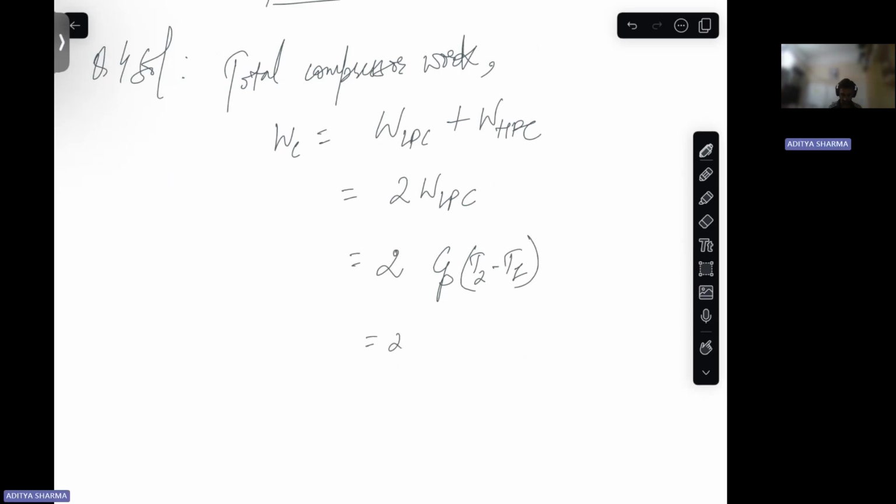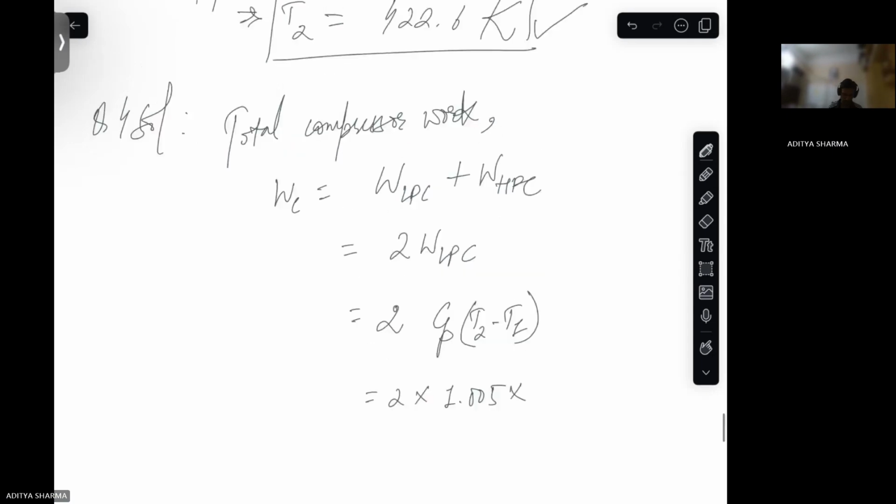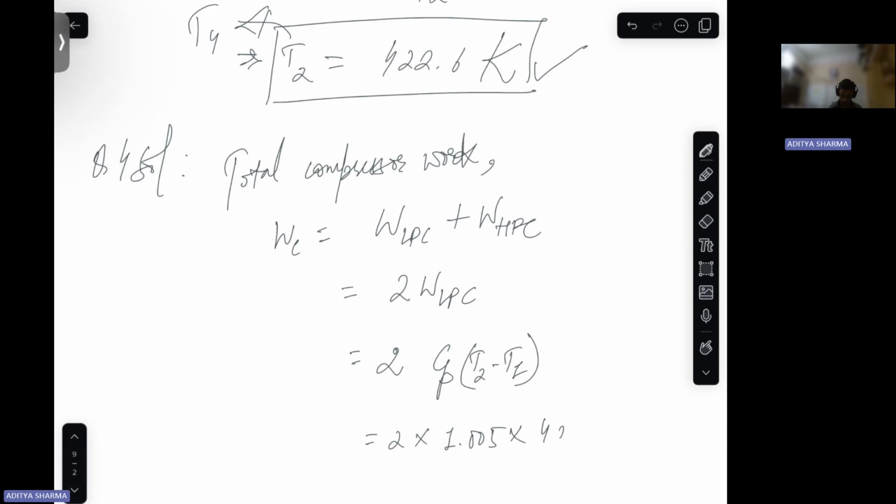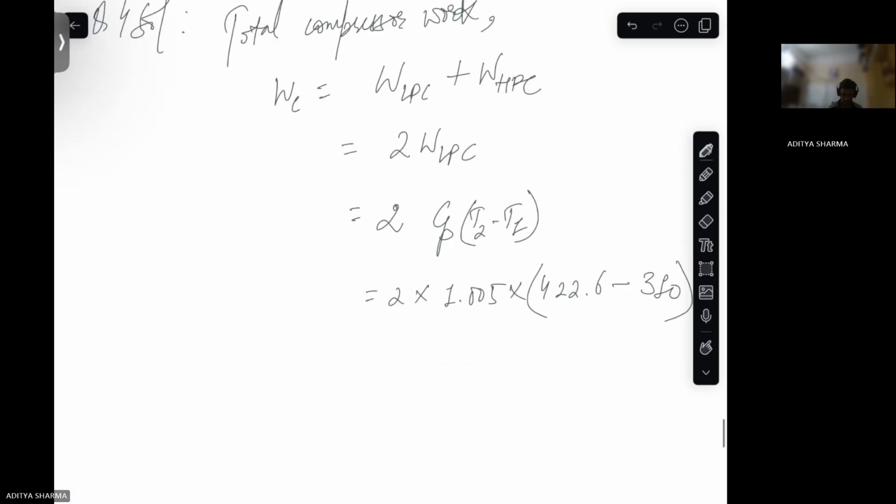Now if you place the values here, T2 is 422.6 minus 310. So this will come out to be approximately 227 kilojoule per kg.